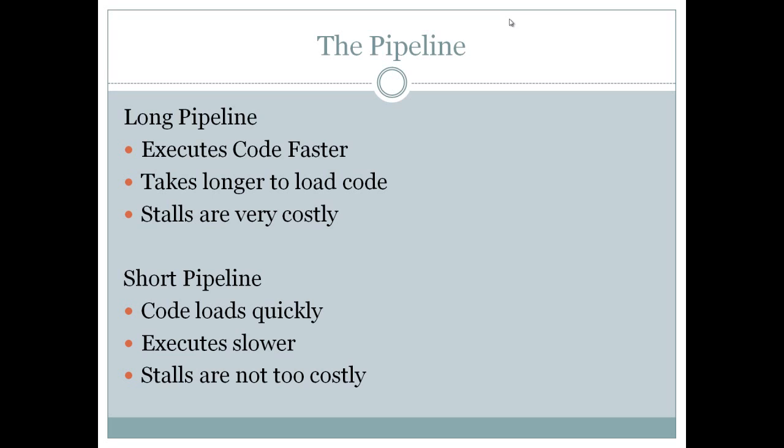So if you had 2 processors with execution units, and they had the exact same speed at everything, except one had a long pipeline, one had a short pipeline, as long as you could keep the processor fed, the long pipeline would be better. But the stalls are a problem. Stalls don't really hurt the short pipelines too much.